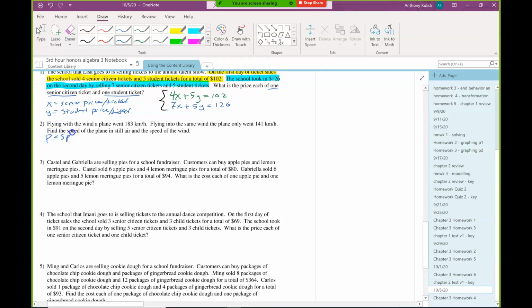Good. So let's say P for the speed of the plane, and I'll use W for the speed of the wind. Everybody okay with that? And here we're describing 2 situations, right? Those 2 situations are probably going to be our 2 equations.